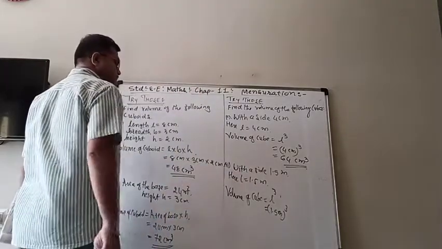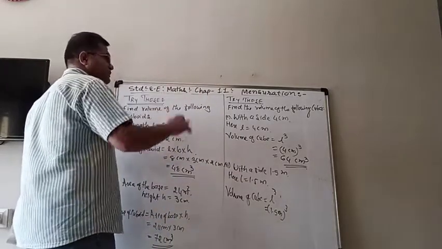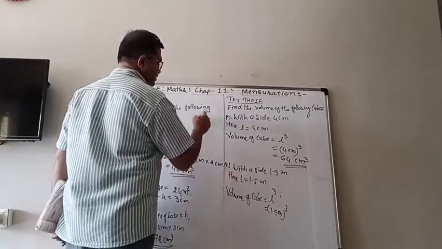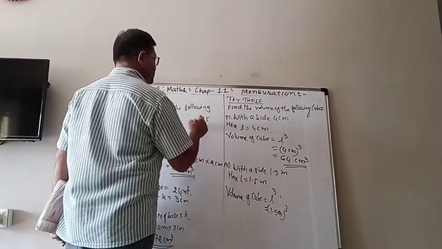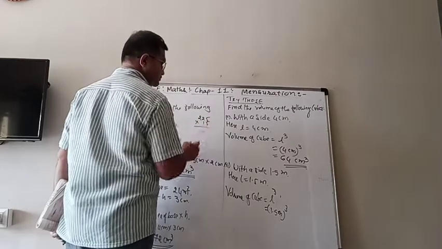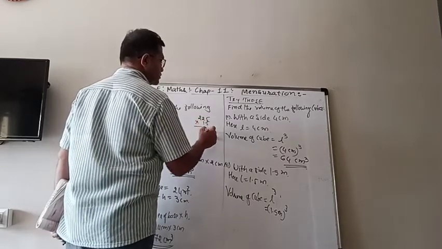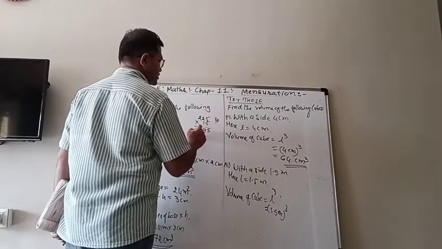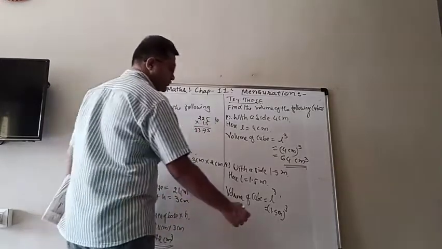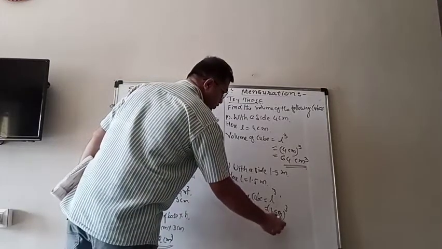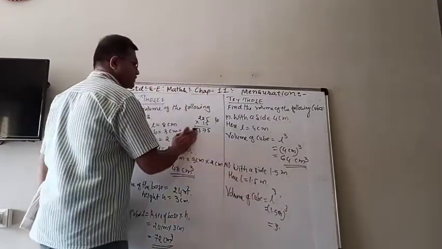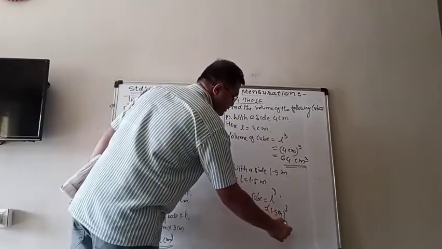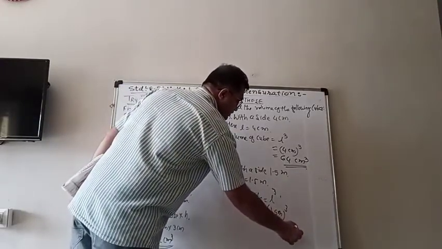So now we have to do 15 multiplied by 15 multiplied by 15, and then we will put the decimal. 15 square is 225. So 225 multiplied by 15. So that is 3375. So one decimal, but in cube there will be 3 decimals. So 3.375 meter cube.